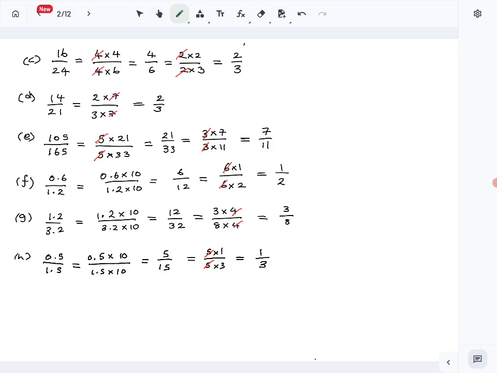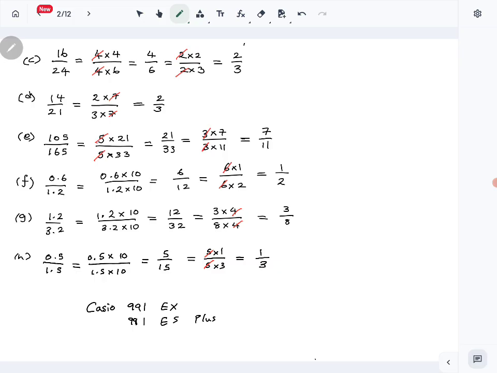Because calculators are allowed in your exams, you can use the calculator to do this also. The two recommended calculators are the Casio 991 EX model or the 991 ES plus model.